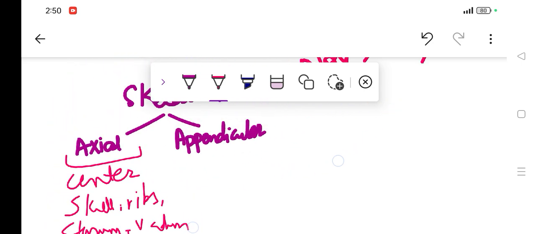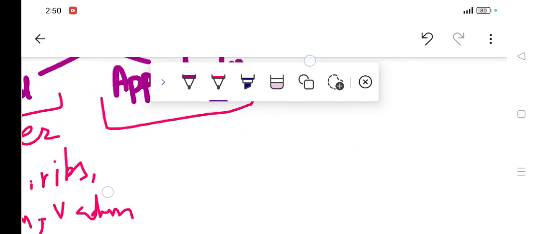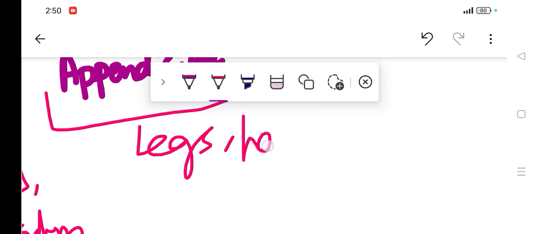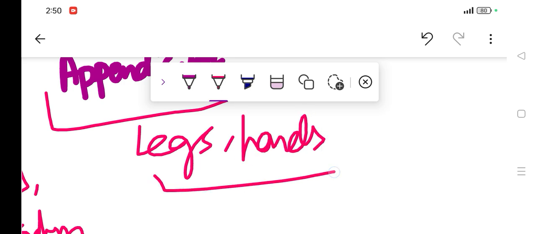When we talk about appendicular, it has all the side structures, like legs, our hands, feet, right? All these structures come in this one. They are side structures, either hand or legs.